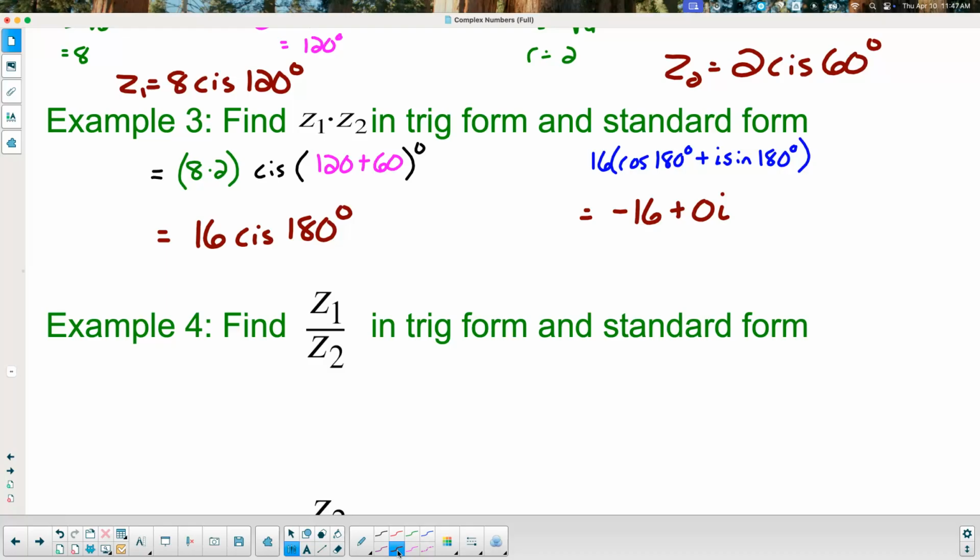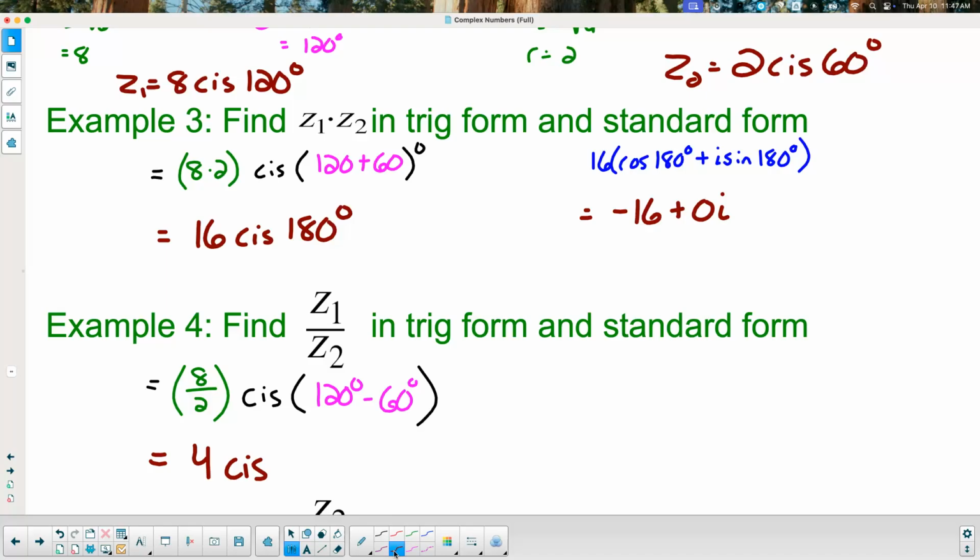Okay. Z sub 1 divided by z sub 2. That's going to be 8 divided by 2, CIS of 120 minus 60. So that's going to be 8 divided by 2 is 4, CIS of 60 degrees. Yes?